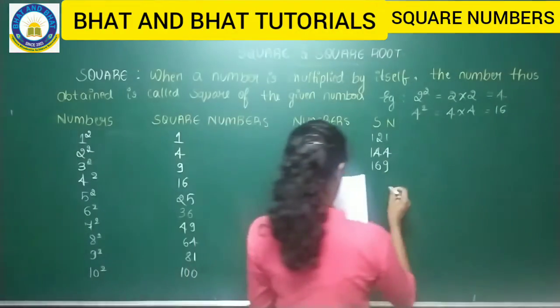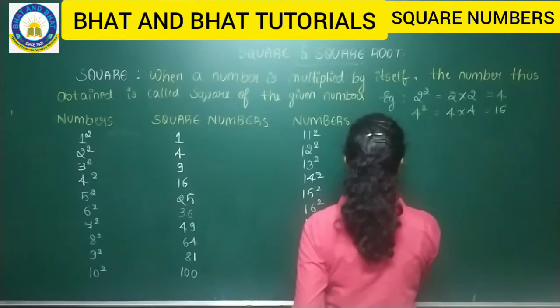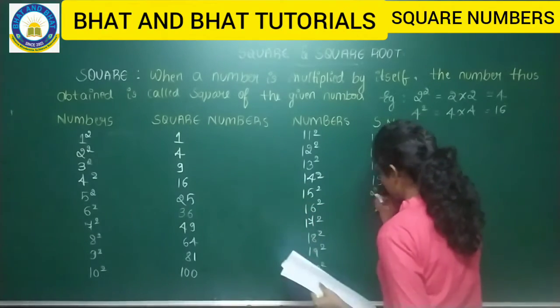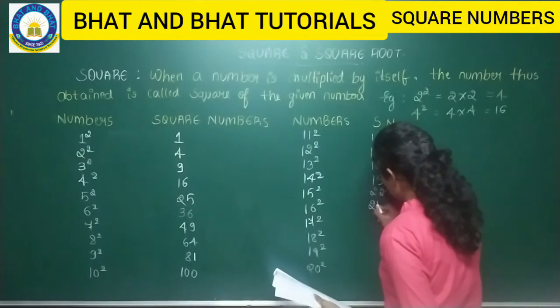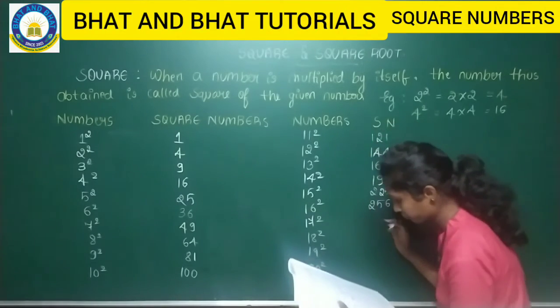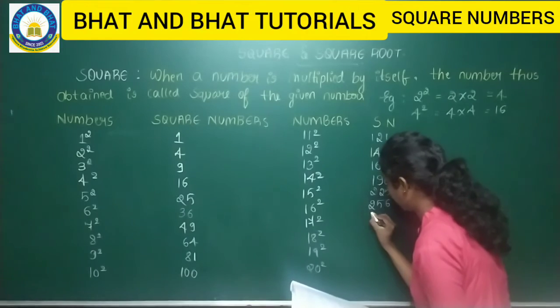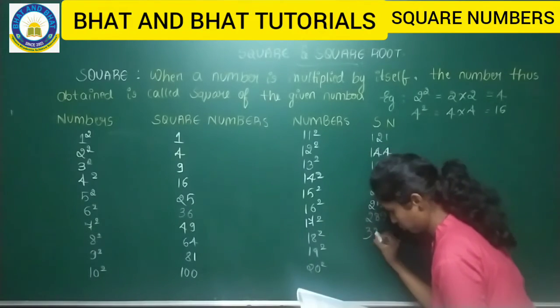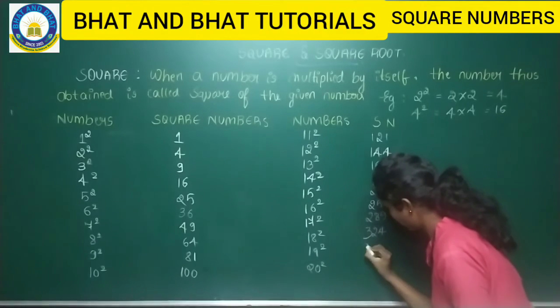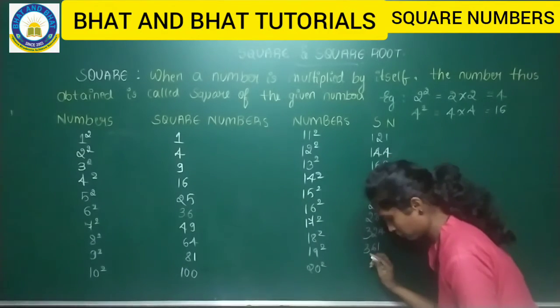So now 14 square is equal to 196, 225, 256, 289, 324, 361, 400.